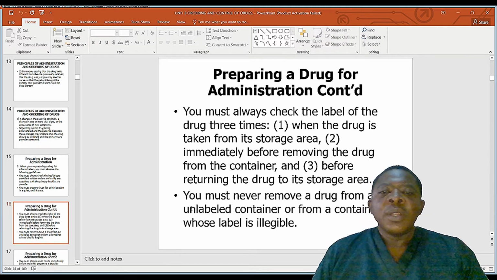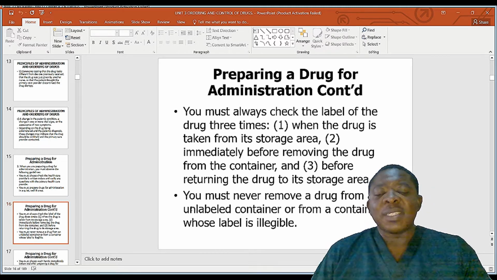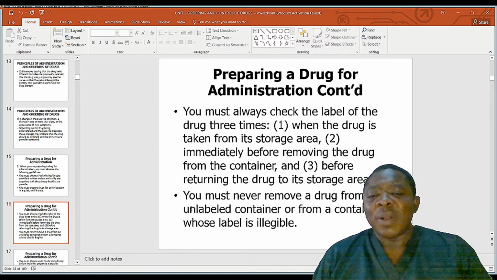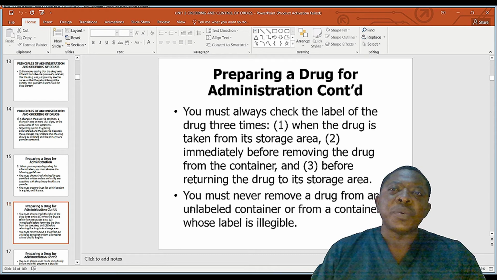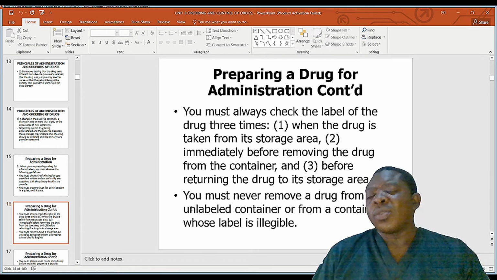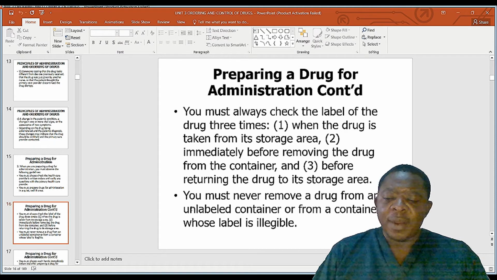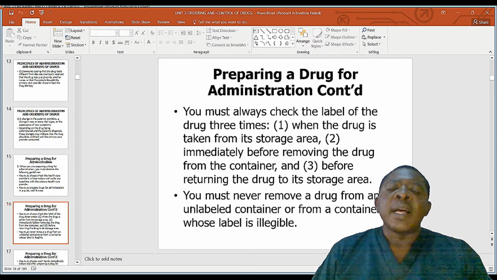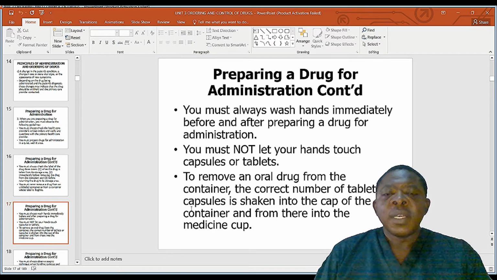If it is illegible, then it has to be discarded because we will not know by assuming. So we encourage use of proper good handwriting so that others can read. But in the medical fraternity, you find that a lot of handwriting is not something that is easy to read.